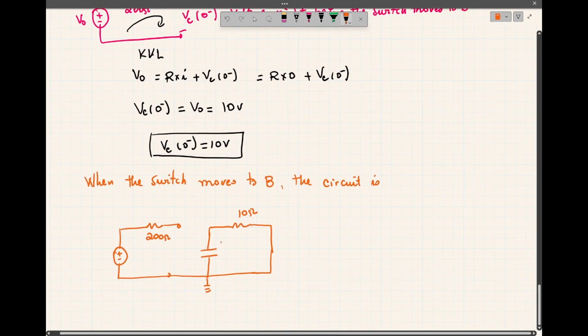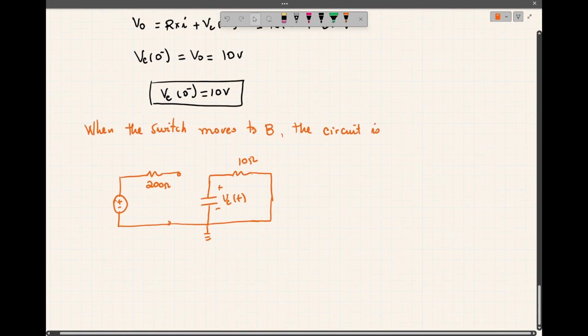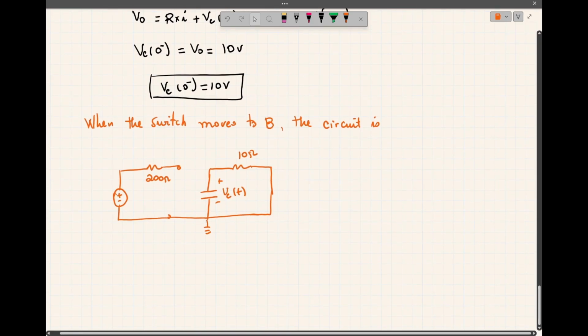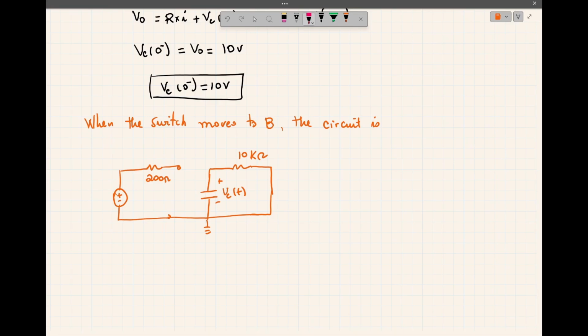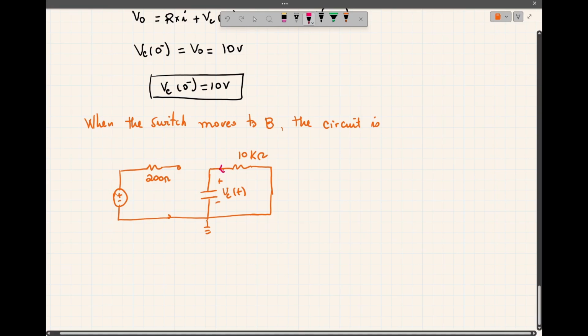The voltage across the capacitor is what we want to find. We know that the capacitor is a passive component, so the current flows from plus to minus. So I label the current Ic of t that way.